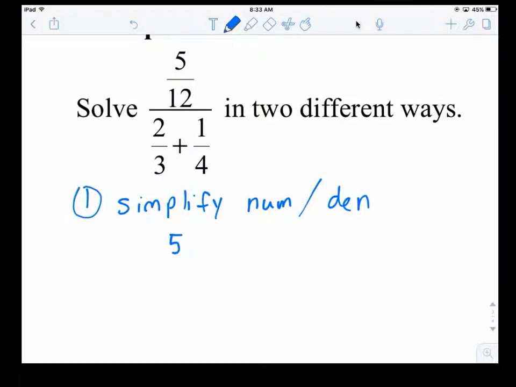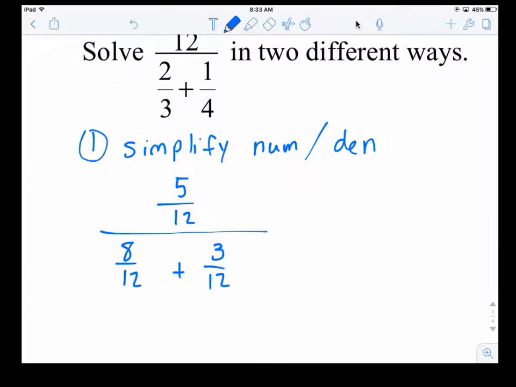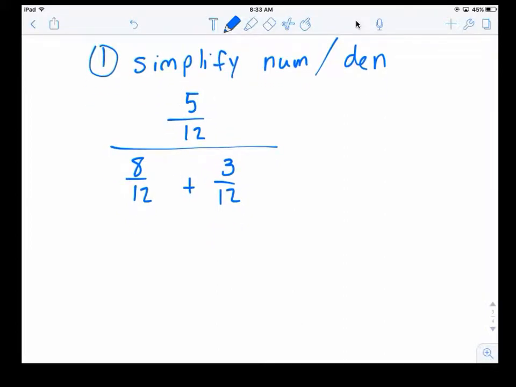So that's going to give me 5 over 12 over, and if I change the first one, 2/3, that is 8, and then 1/4 would be 3/4.